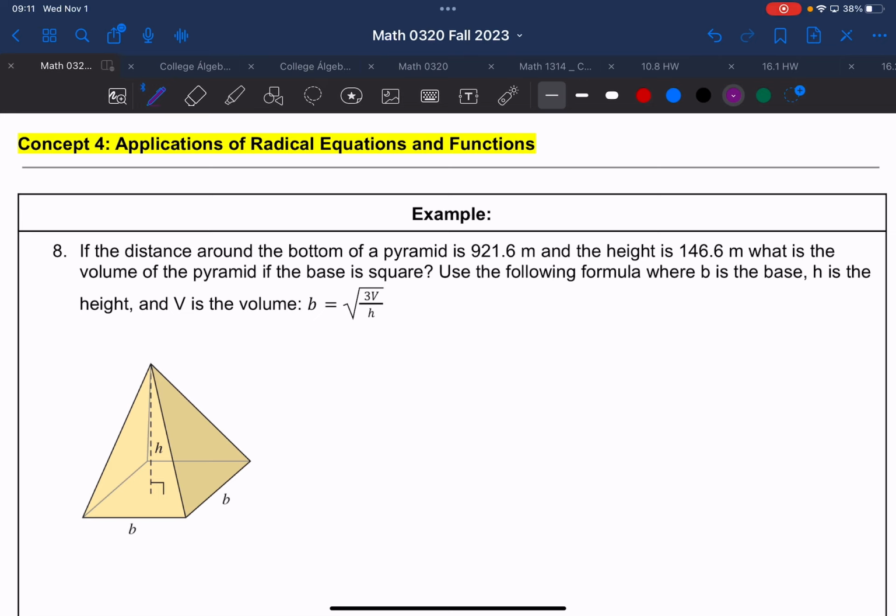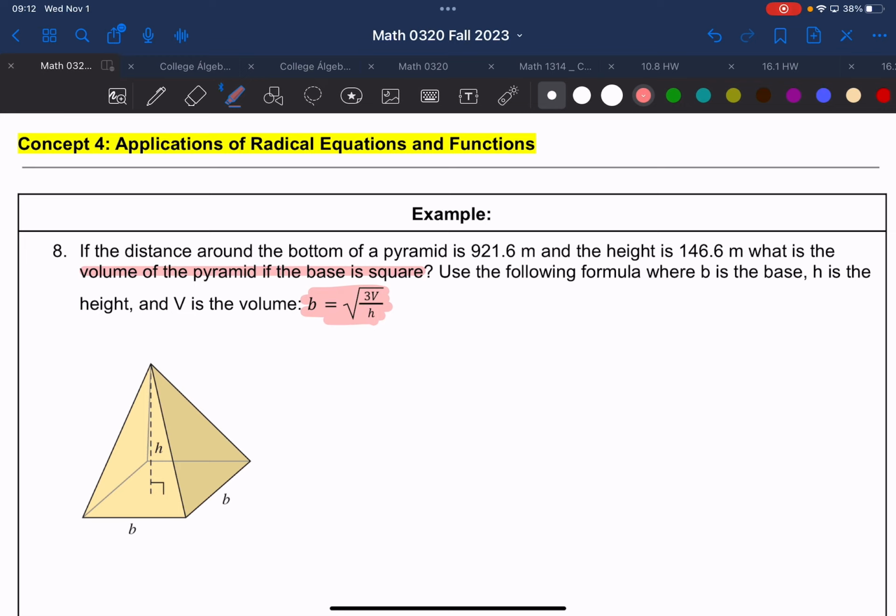So before we do anything here, we need to find, because what is it asking for? The volume. The volume of the pyramid if the base is square. So in order to find the volume, it's easiest if we could get V by itself before we plug in any of our numbers.